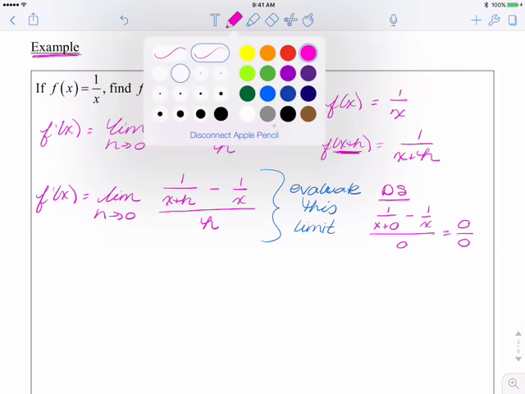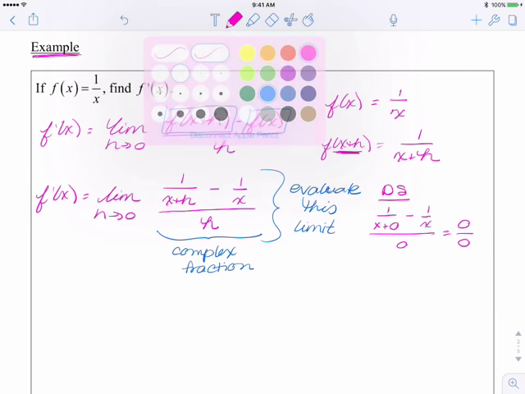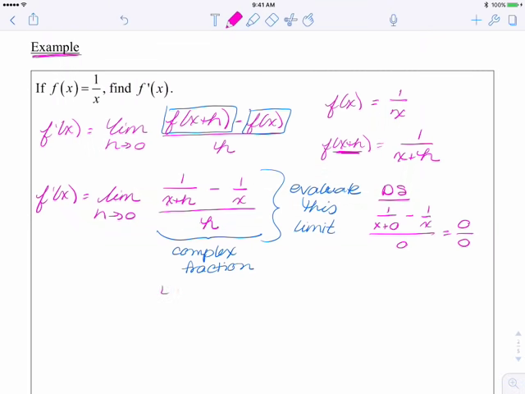Now, what we have here is a complex fraction, and if you remember from section 2.3, one of the techniques that we used to simplify the expression was to simplify the complex fraction. So again, how I simplify a complex fraction is I find the least common denominator of all the terms.